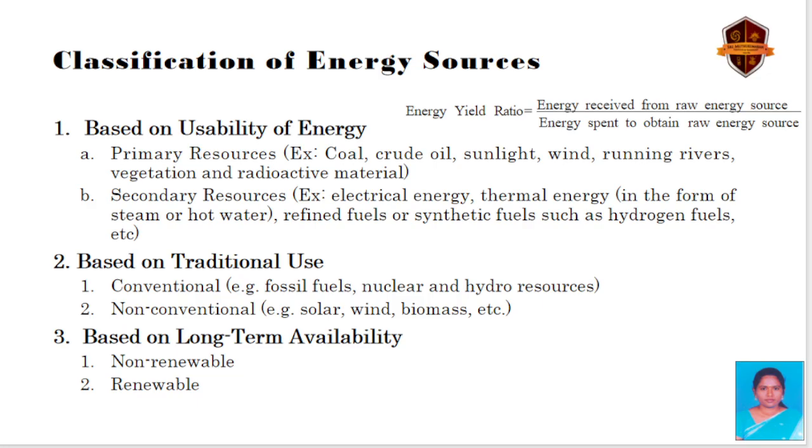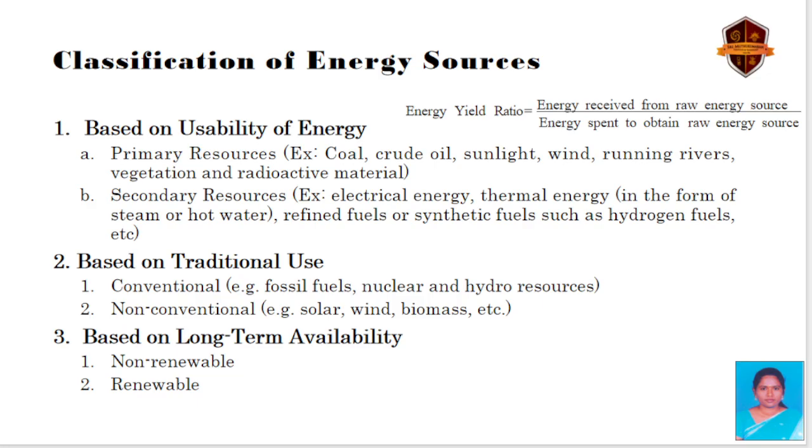Primary energy is the raw form of energy obtained from nature. The secondary energy is the usable form derived from primary energy. This classification helps us understand the energy conversion chain, starting from natural resources to final energy delivered to consumers.